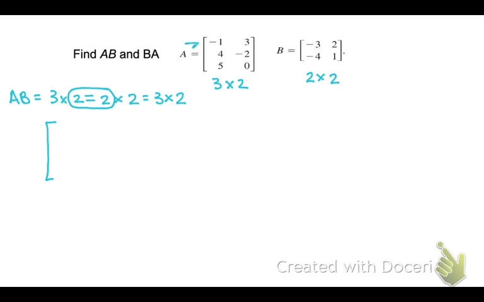The first row times the first column. Do you see how there's two things in this row and two things in this column? So it's first thing times first thing, so -1 times -3 plus the second thing times the second thing, 3 times 4.